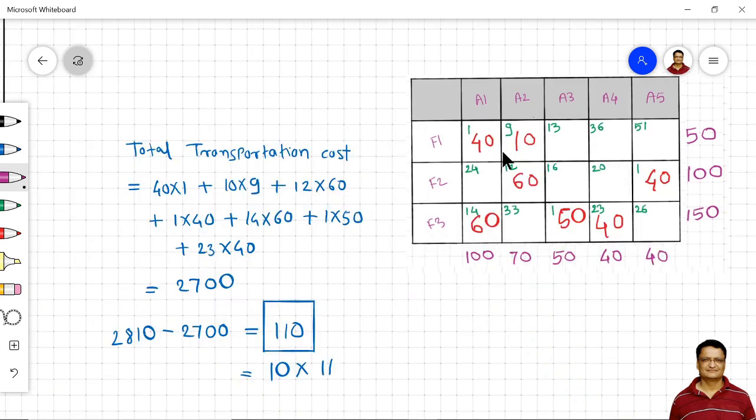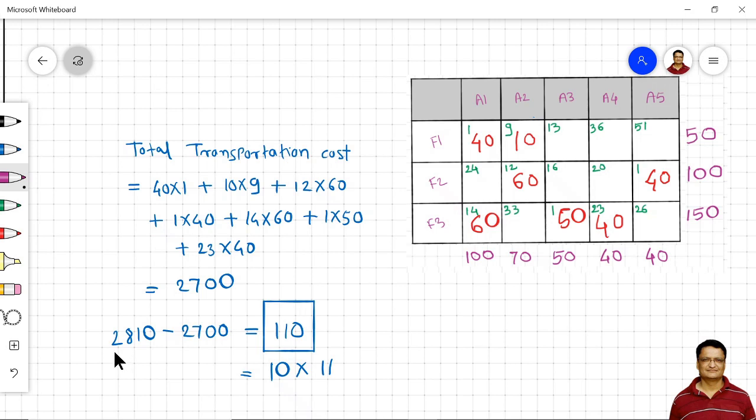Now calculate the total transportation cost for this combination. It is given by 40 into 1 plus 10 into 9 plus 12 into 60 plus 1 into 60 plus 14 into 60 plus 1 into 50 plus 23 into 40, and that gives me the value of 2700.